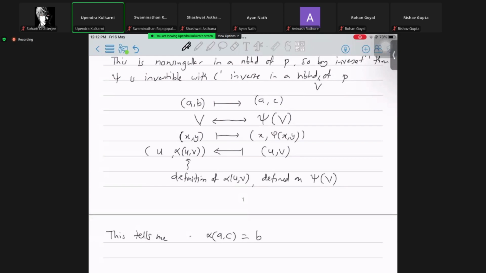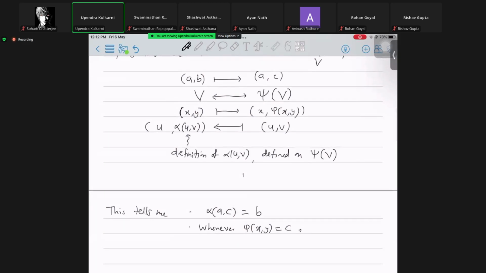But now let's just do this more generally. This says that whenever phi of (x, y) is equal to c, let's just go forward and backward. So that means that (x, y) is going to go to (x, c).